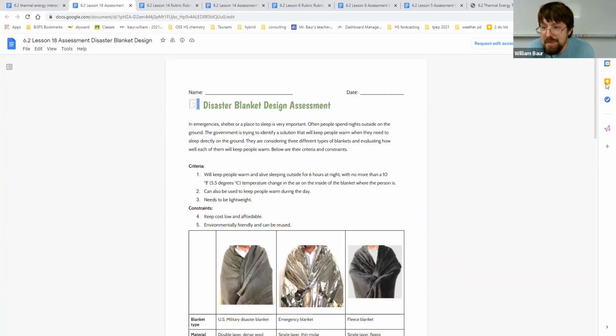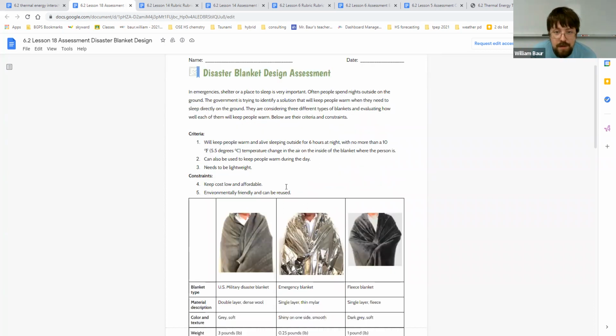I'm actually learning about thermal insulation, and this has a bunch of applications for when I'm insulating my home, or maybe I'm wanting to create a disaster kit for my family. Like, how do I design a blanket to keep me warm in case of an emergency?